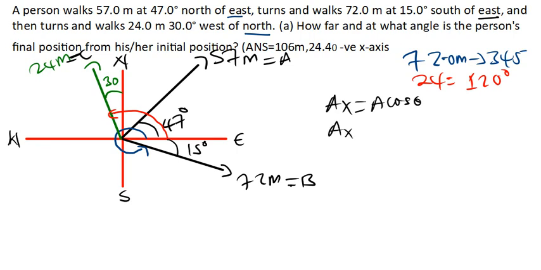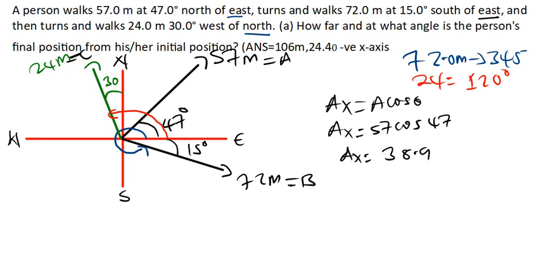My A is 57, and since the angle is in the first quadrant, we'll use the same 47. So Ax will be equal to 57 cos 47, which is 38.87. I can just say it's 38.9.